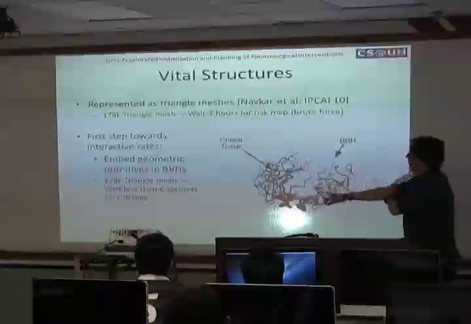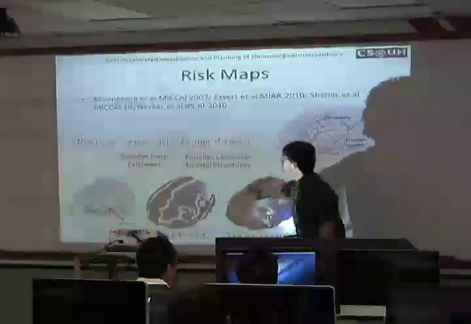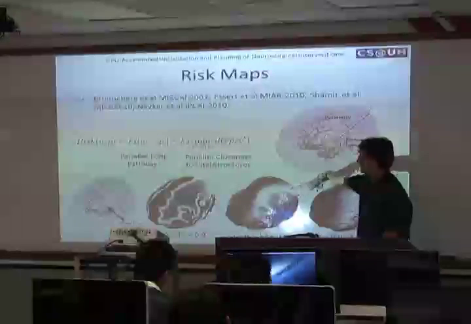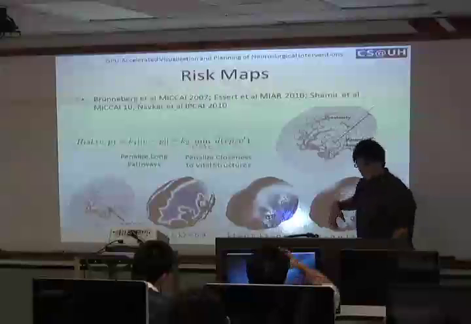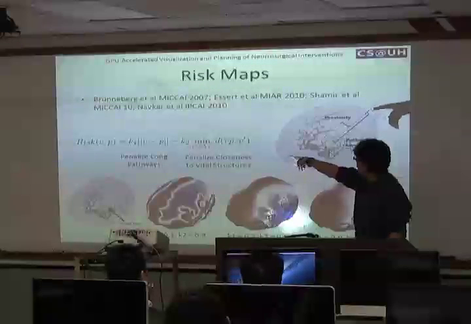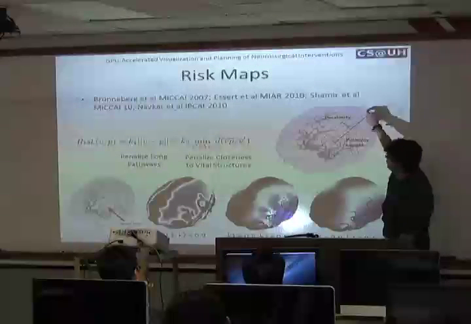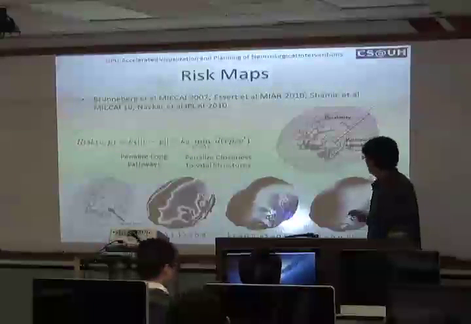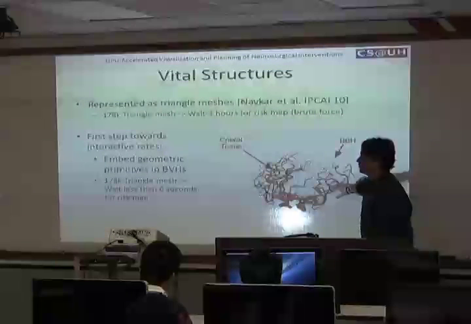For computing this region right here, we need to see if the needle intersects the vital structure. And for computing the proximity, we need to find the closest point of any point in this mesh to this line right here. So we avoid brute force computation by using a BVH.